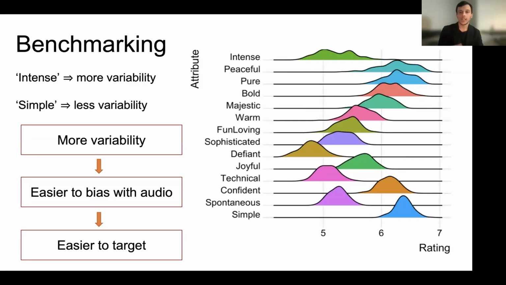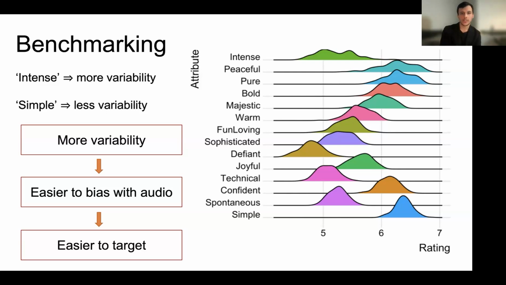Next, we're interested in what attributes are easier to bias or influence with audio. And if we look at the top, that attribute intense has a much wider distribution, meaning it has much more variance in relation to audio. And at the bottom, we see simple has much narrower distribution, it doesn't vary so much as a result of the audio being applied to it.